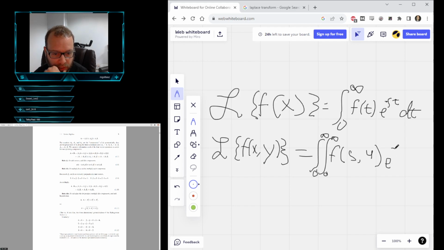E to the negative, this is our first one, st, times e to the negative u v, dt dv. So that's your two-dimensional Laplace transform.